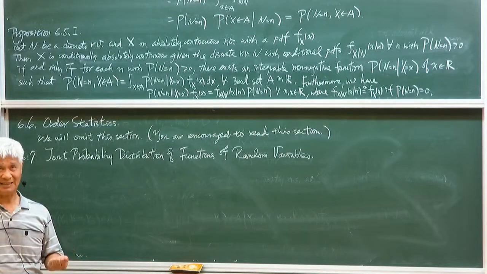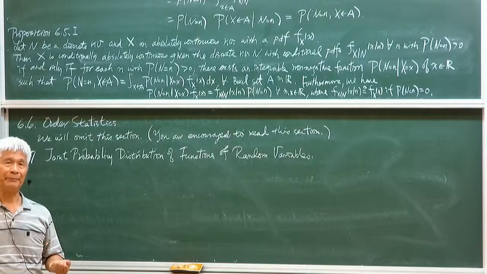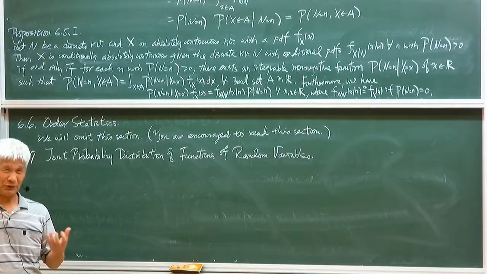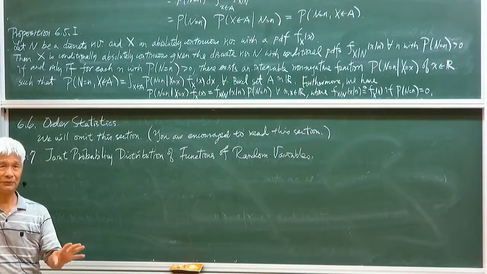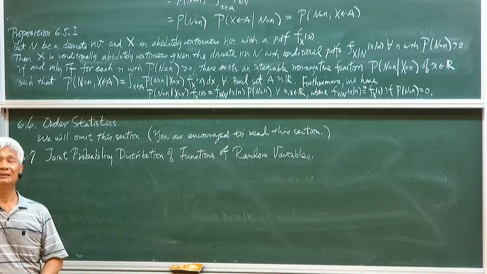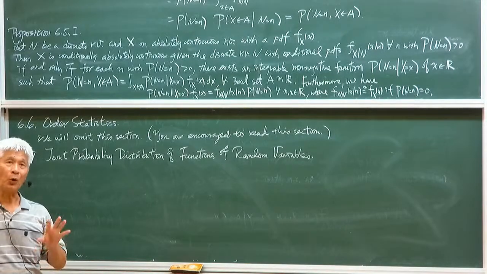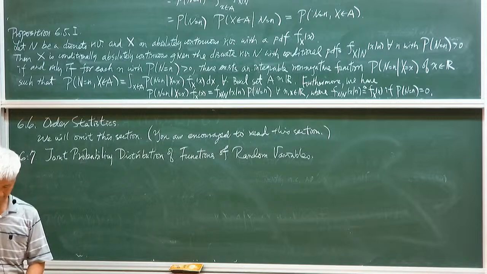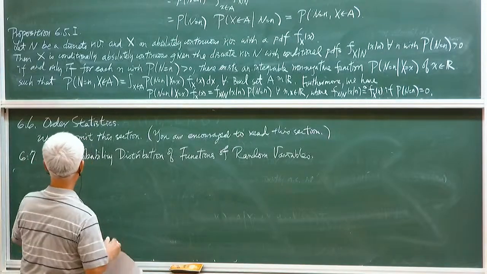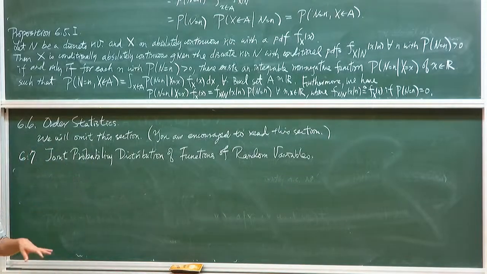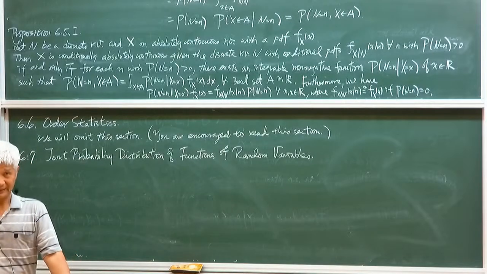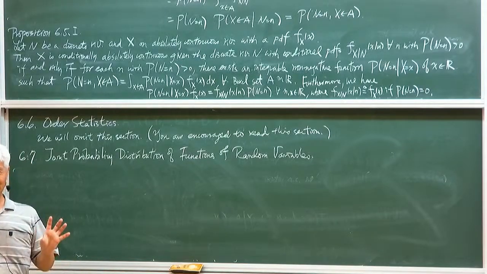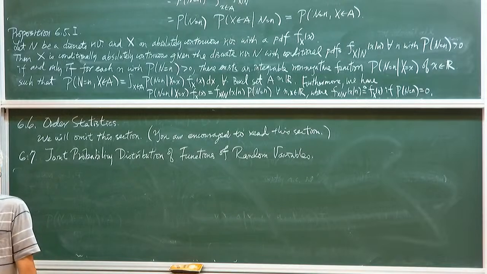If the answer is yes, how do we compute a joint probability density function for these new random variables from a joint PDF of all the original random variables? Okay, so that is the problem. And as you can see, this is an extension of the last section in the previous chapter, because in chapter 5, we consider the distribution of a function of a random variable when this random variable is absolutely continuous.